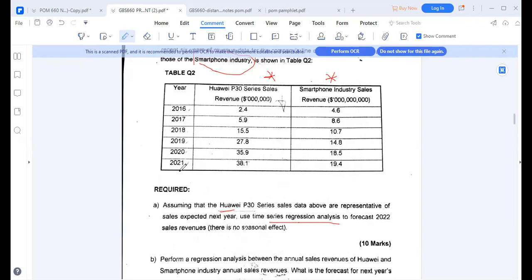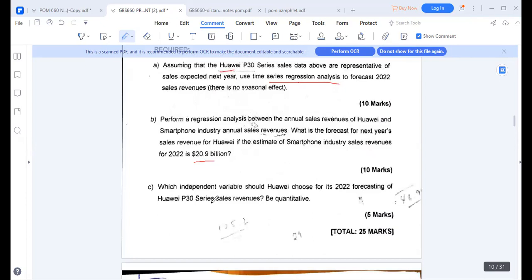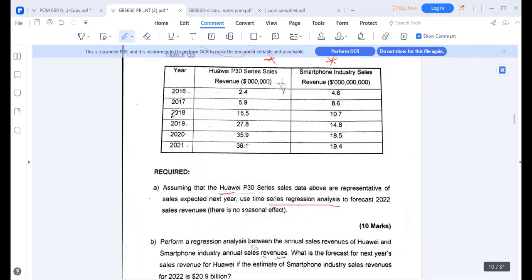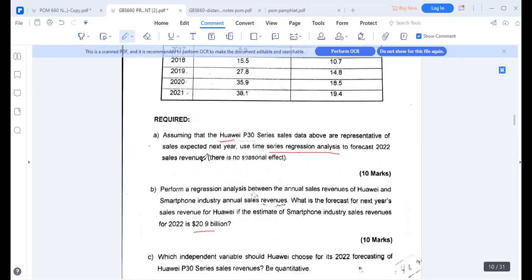All right. So what is happening here is that we perform the first solution, where our X is the year, which is 1, 2, 3, 4 up to 6. Why am I saying up to 6? Because this is year 1 through to this one, so 1, 2, 3, 4, 5, 6. That is where the 6 is coming from.